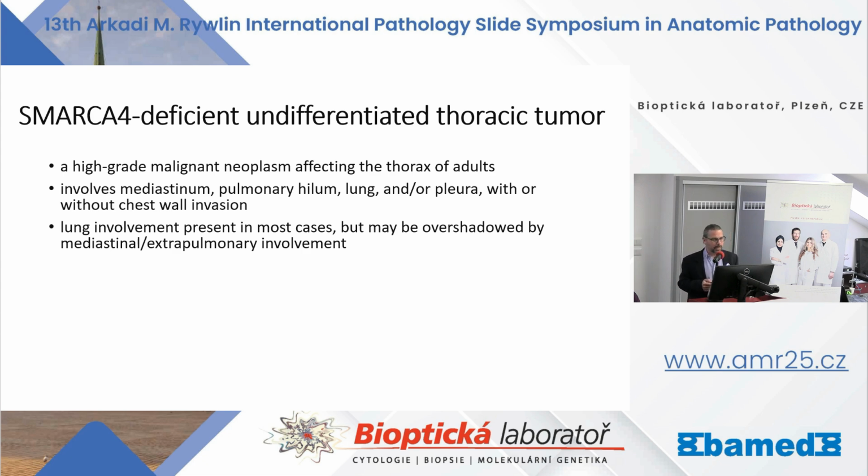It's a high-grade malignancy affecting the thorax of adult patients, involving mediastinum, pulmonary hilum, lung, and/or pleura with or without chest wall invasion. Lung involvement is present in most cases, but may be overshadowed by mediastinal or extrapulmonary involvement.